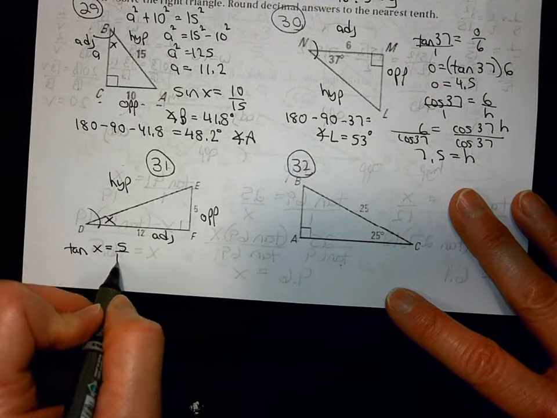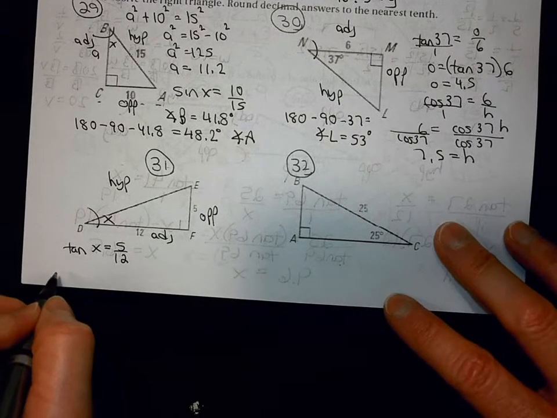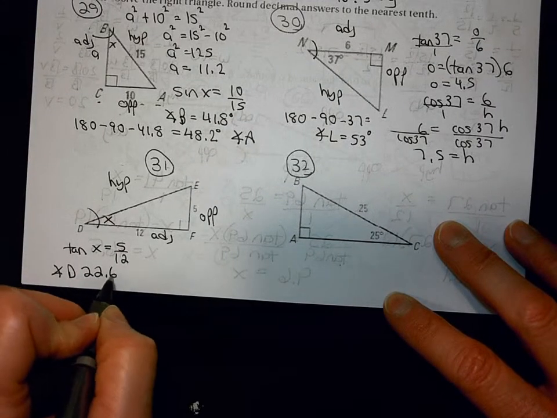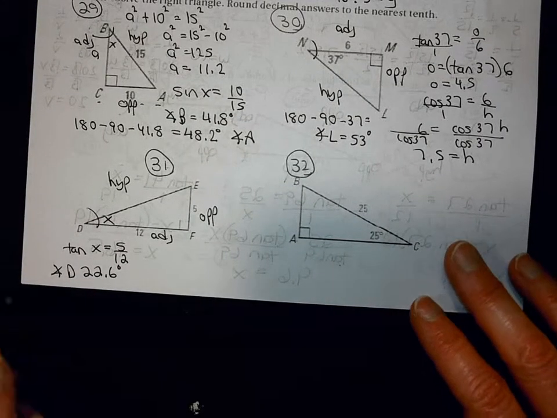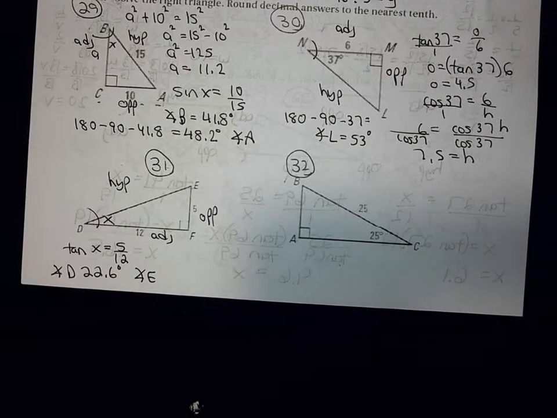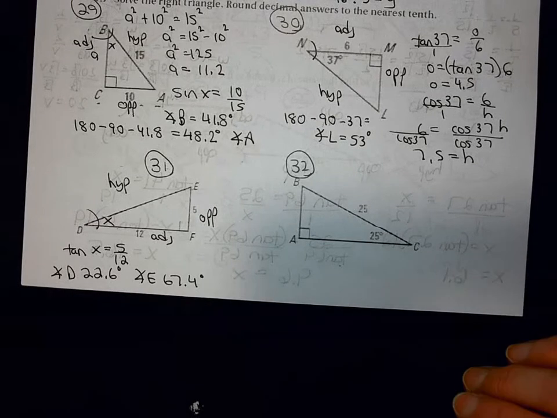So we do our second tan, 5 divided by 12. So angle D is going to be 22.6 degrees. Okay, we can find angle E right away, because remember it's 180 minus 90 minus 22.6, or 67.4 degrees.